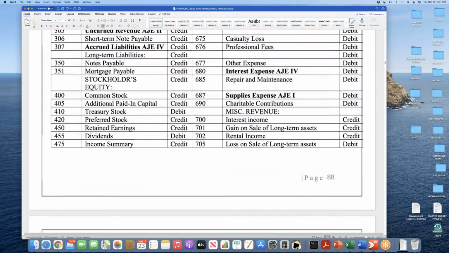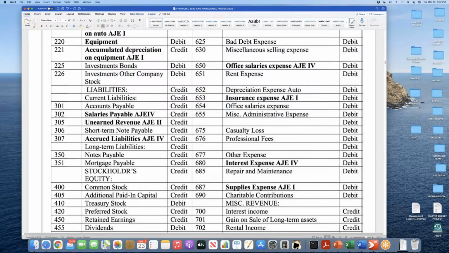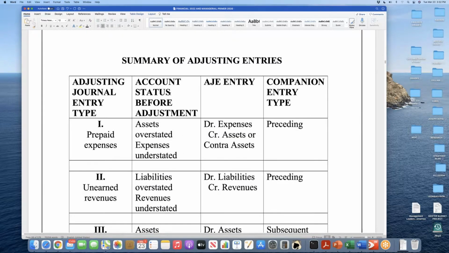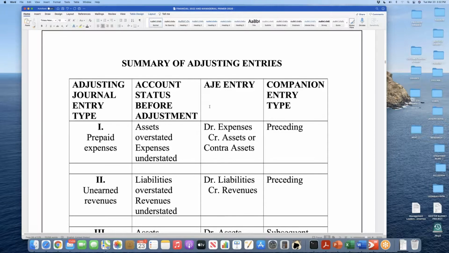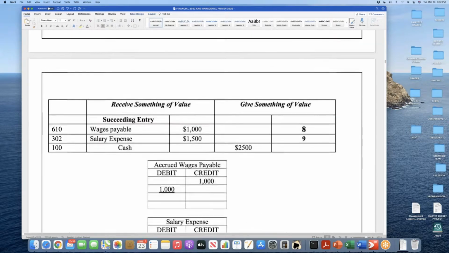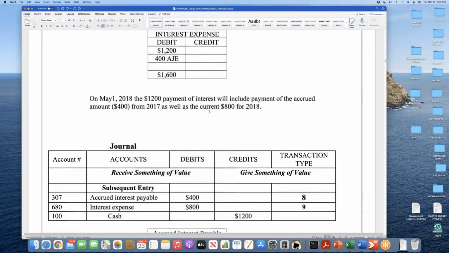It is now time to move to prepaid insurance, which is also going to be a prepaid asset, which you pay in advance. How many people have cars? And if you got a car, when do they want you to pay your insurance?